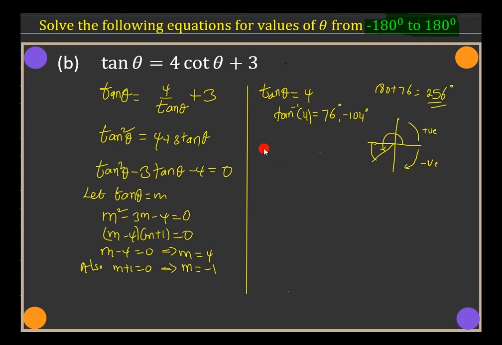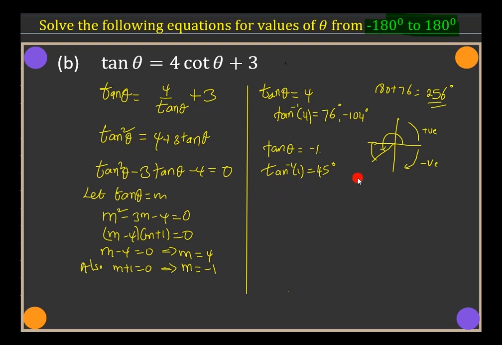Then the other one is we have tangent of theta equal to negative 1, and the tan inverse of 1 is 45 degrees. And remember, tangent is negative in the second quadrant and the fourth quadrant.